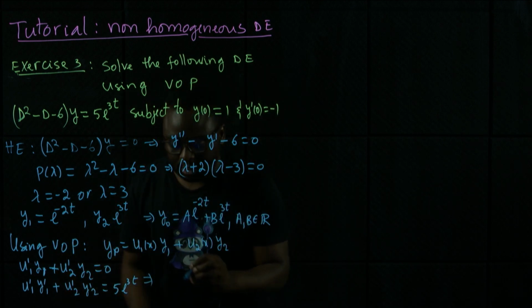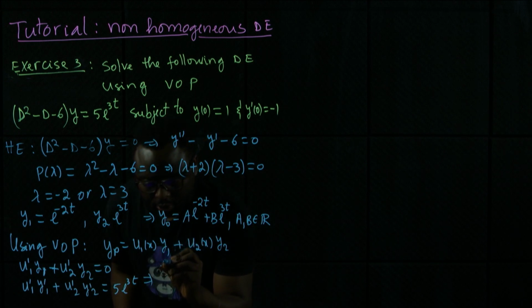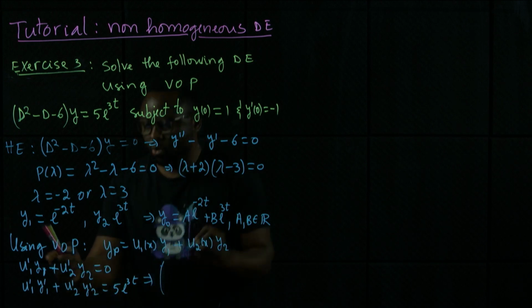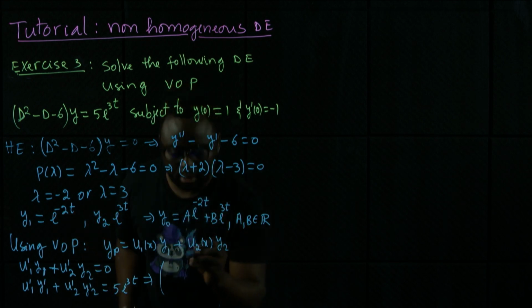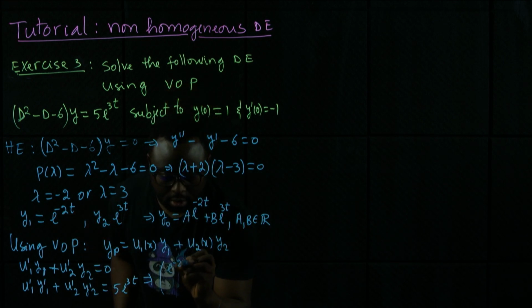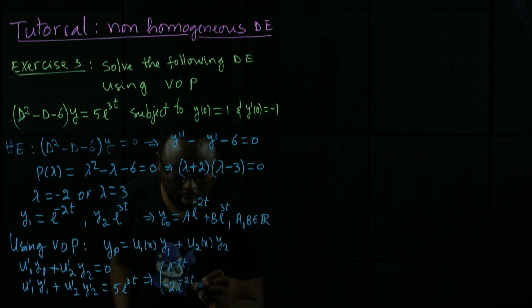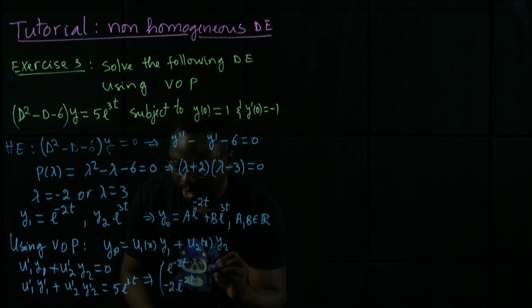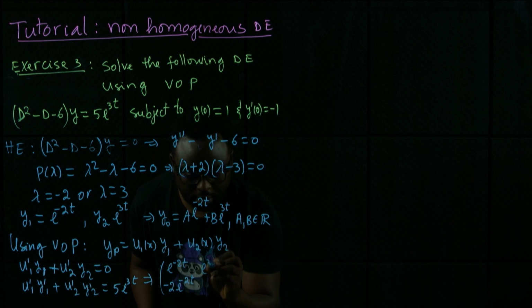This can be written as the following matrix. y1 is e to the power minus 2t, and the derivative is minus 2 times e to the power minus 2t. y2 is e to the power 3t, and the derivative is the following.